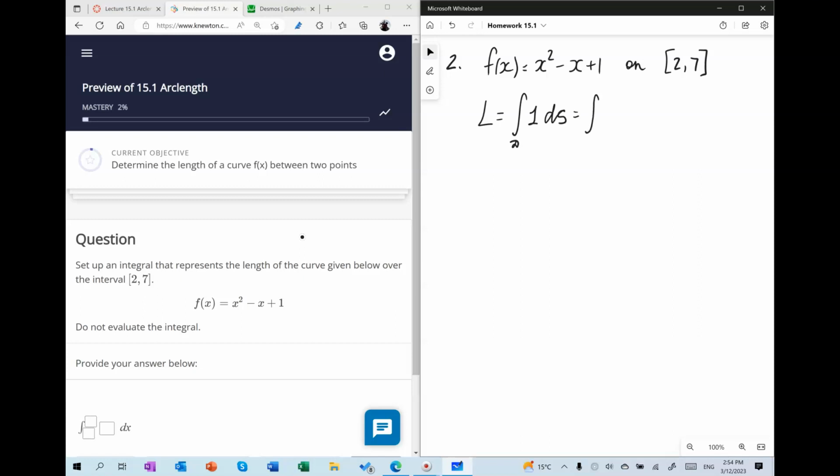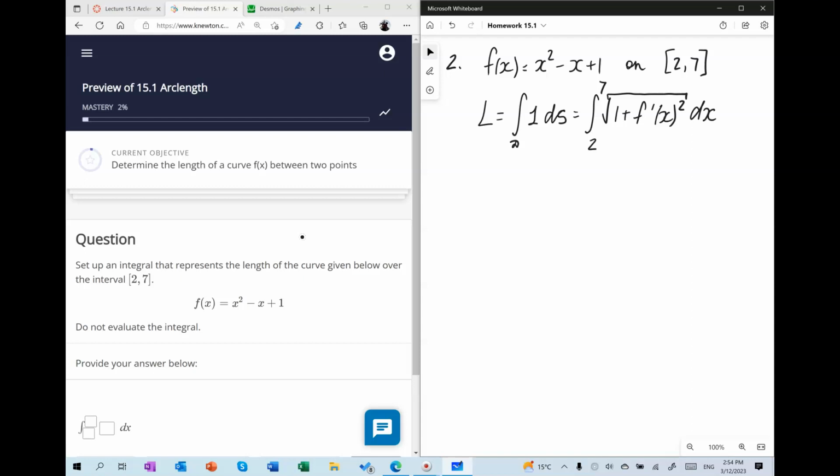In this particular case, we interpret the domain of integration with respect to x, because we are also interpreting ds as the square root of 1 plus the derivative of f squared, with dx.